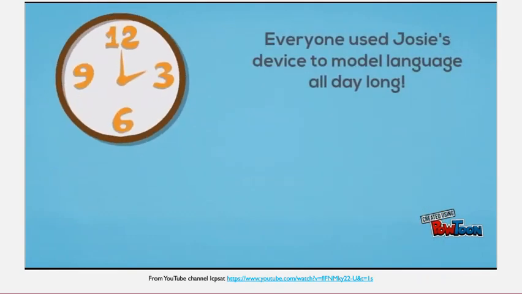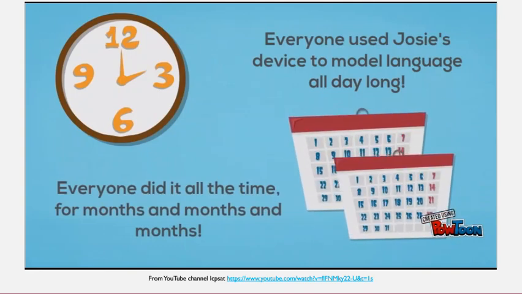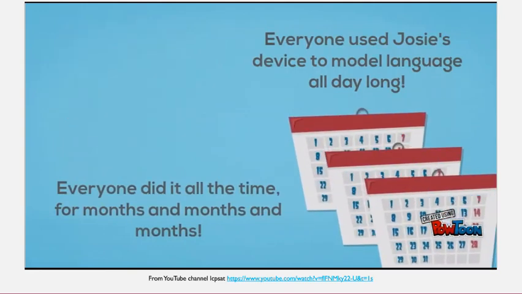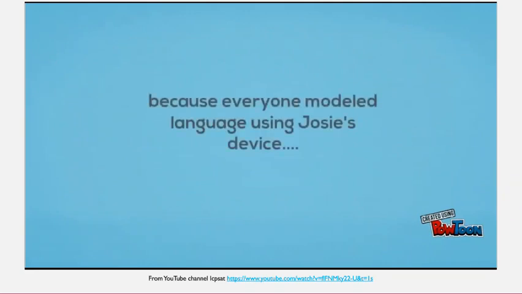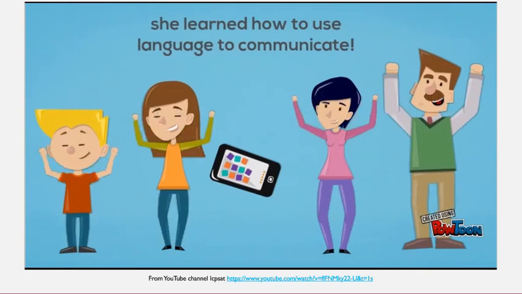Everyone used Josie's device to model language all day long. Everyone did it all the time, for months and months and months. And because everyone modeled language using Josie's device, she learned how to use language to communicate.